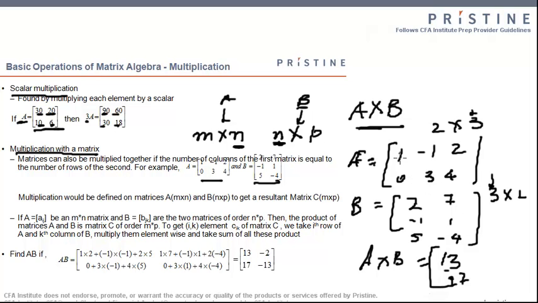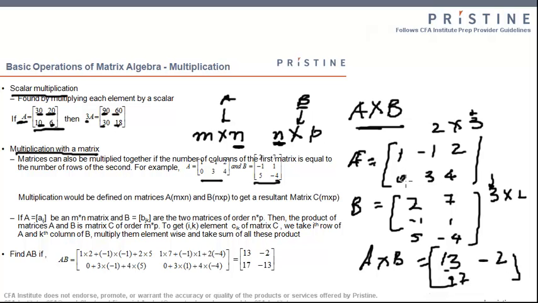Now when we multiply the first row of A with the second column of B, we get this entry, that is first row and second column of A cross B. So this is 7, 1 into 7, then minus 1 into 1, that is minus 1, we add them together, and then 2 into minus 4, that is minus 8. So all this added together is minus 2.